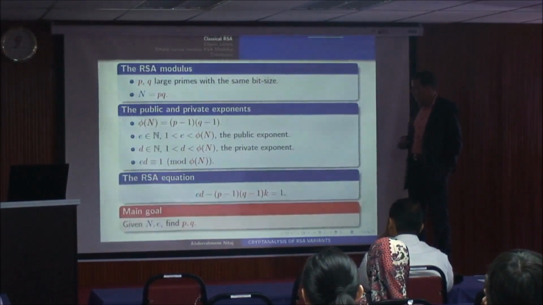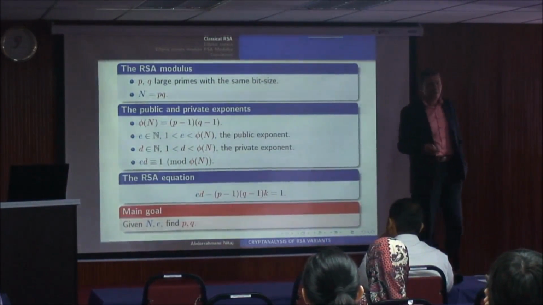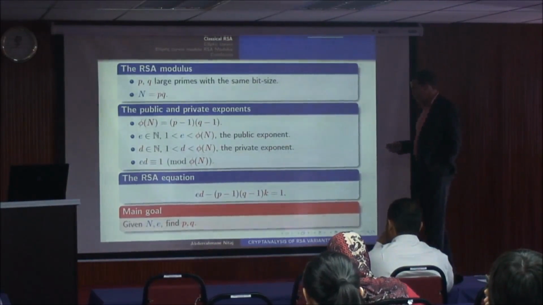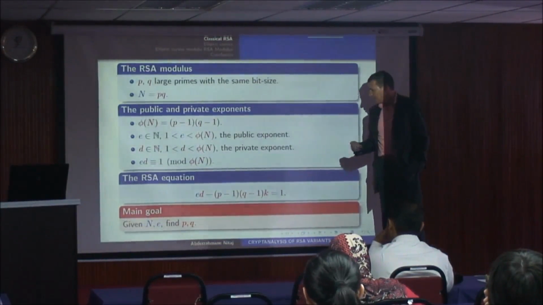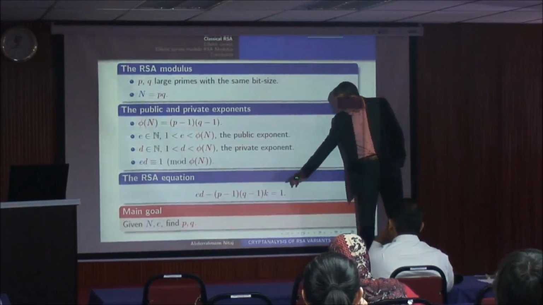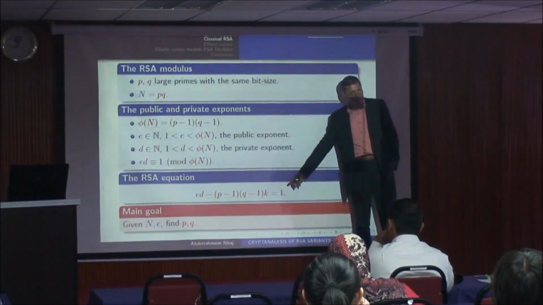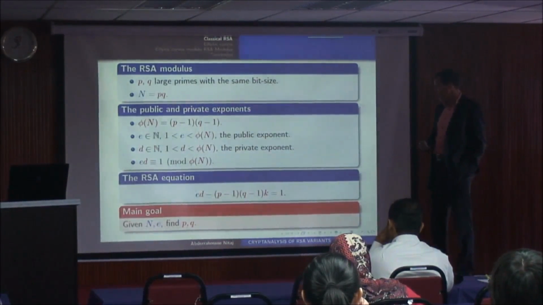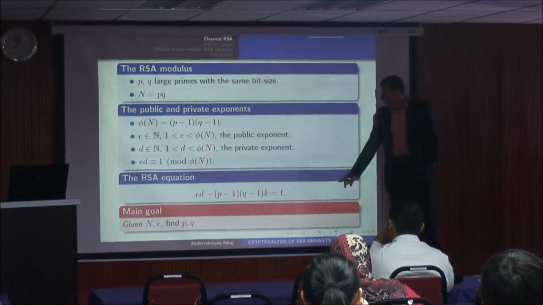And the main goal in attacking the RSA cryptosystem is that given n and e, how to find p and q. You can see here that in this equation only e is known and all the other parameters are private. So it's very difficult to solve this equation.